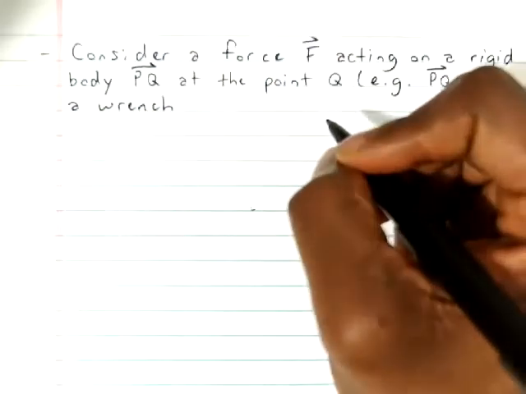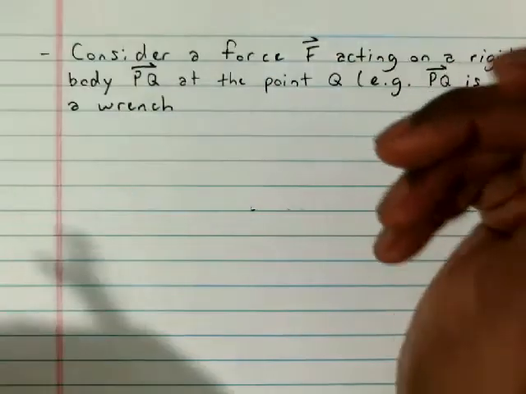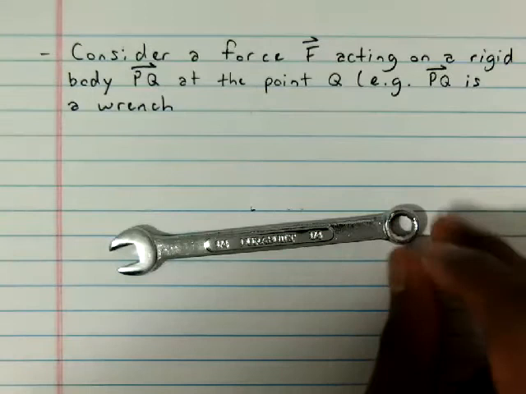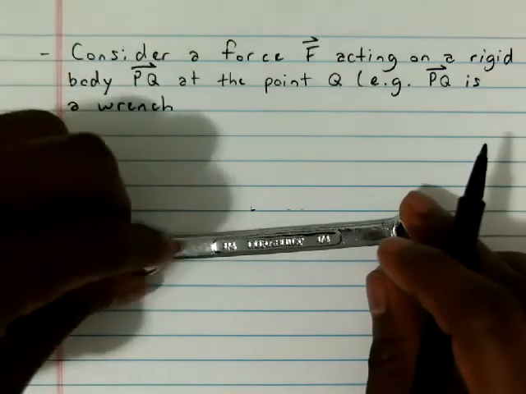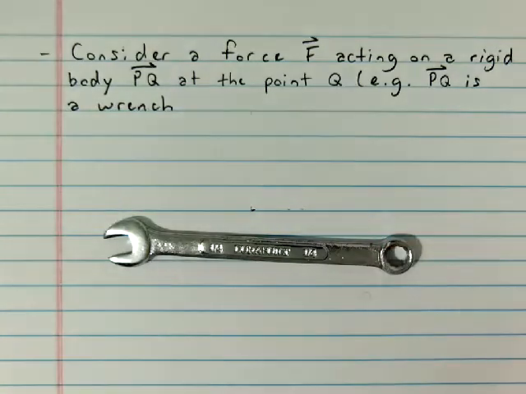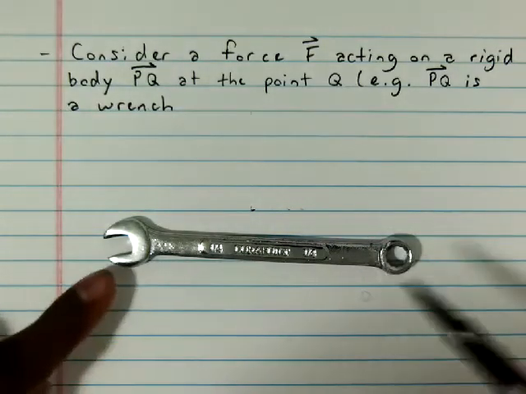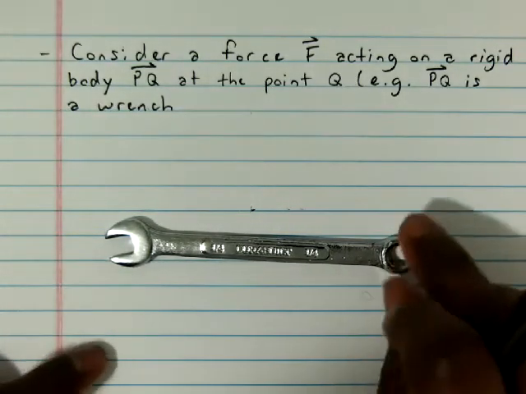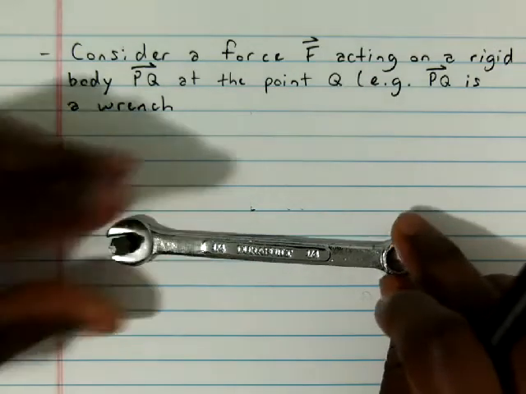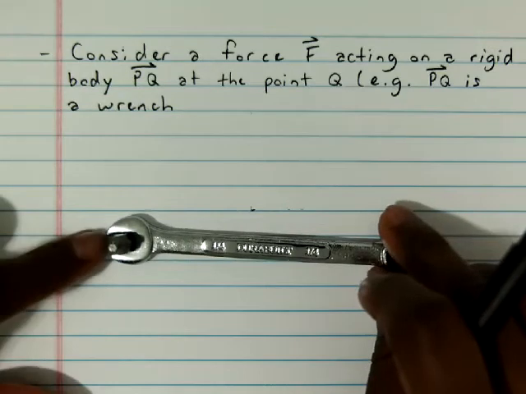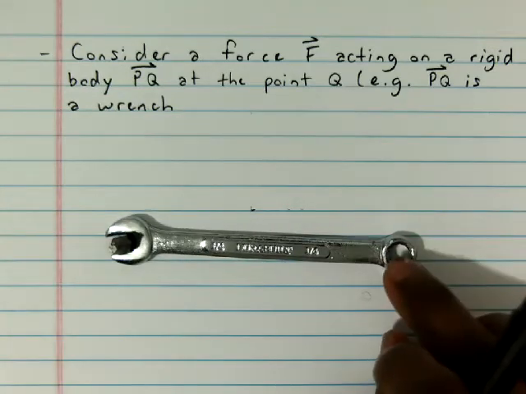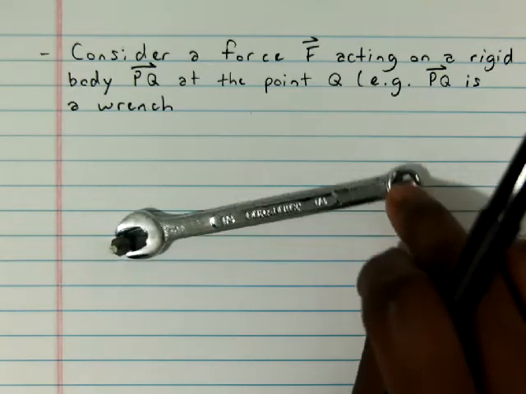There's a good illustration of this in the textbook, but since I'm at home, I have wrenches. So if we had a wrench, this would be Q here. If I'm going to take the wrench and turn something there, the force is going to act on this side. So this would be P over here, and this would be Q over here, wherever the force is acting on the wrench.